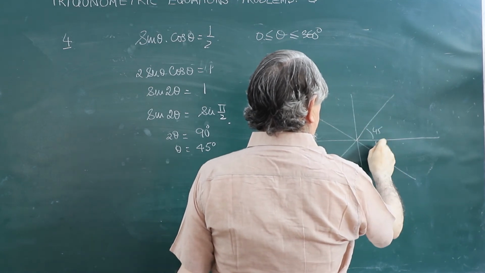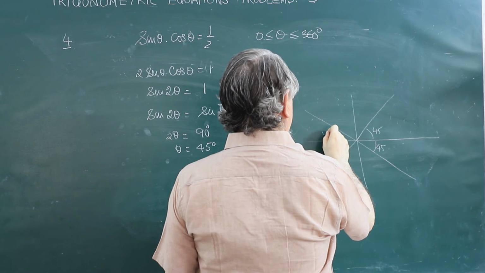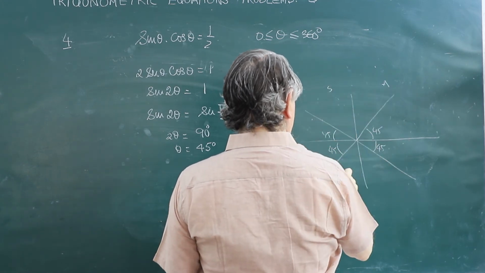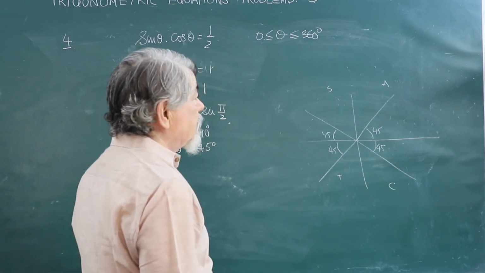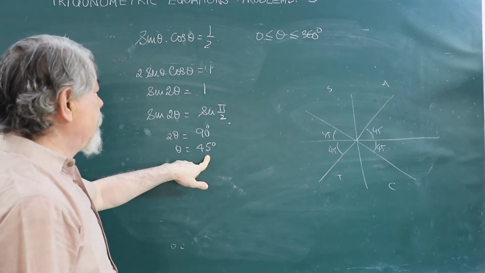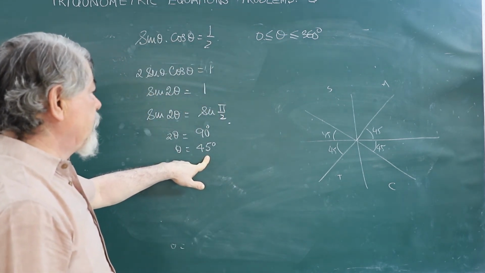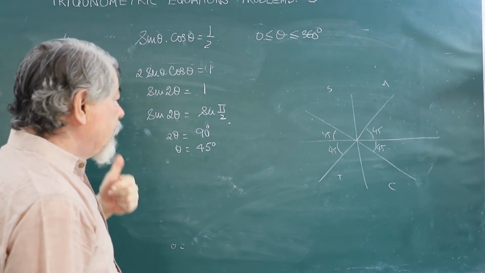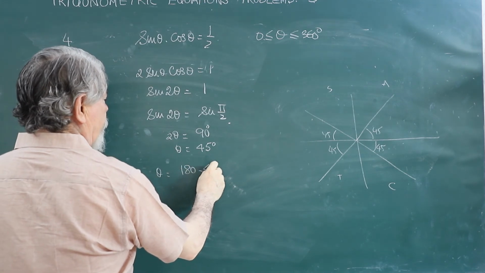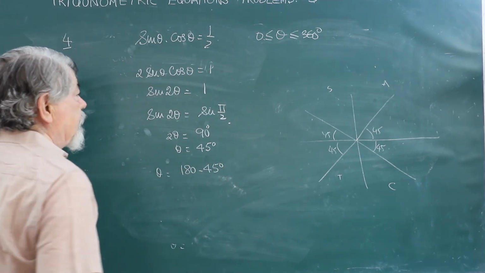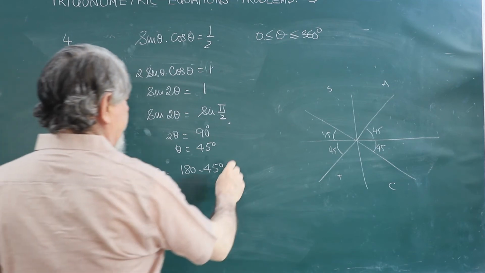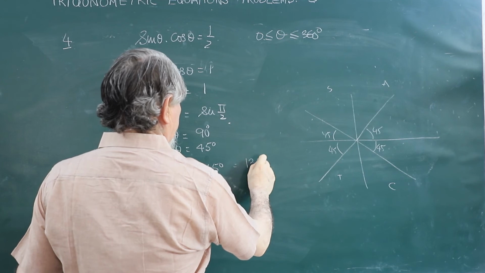Forty-five. Add sugar to coffee. So sine is positive here. So 2 theta is 45, and another value can be, theta can be 180 minus 45, which will be 135.